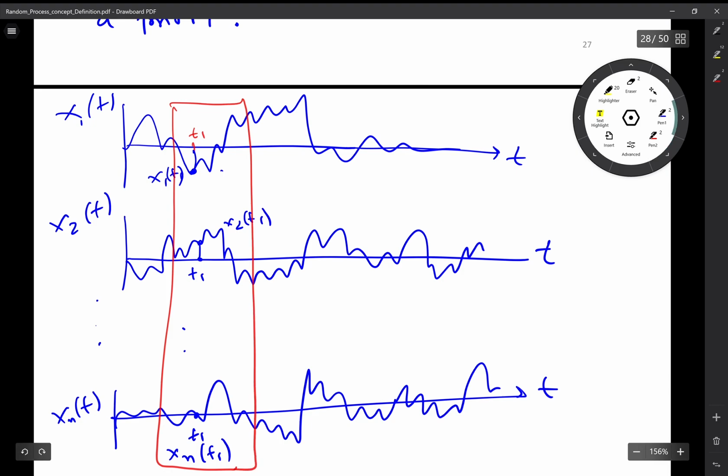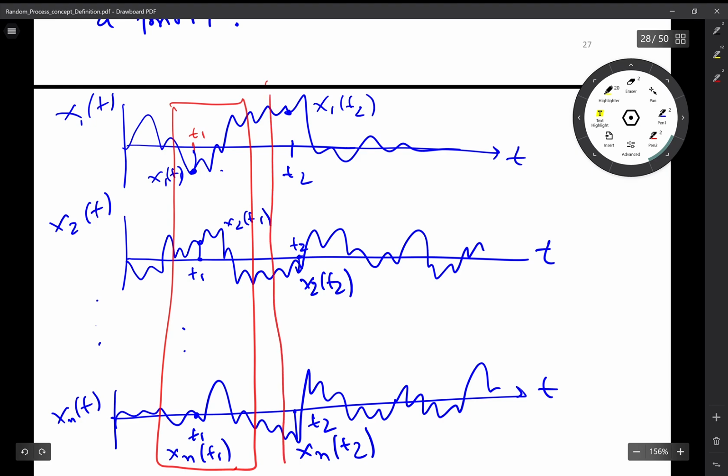Again similarly we take time t2, and we have x1(t2), x2(t2), and xn(t2). All combined together forms a population.